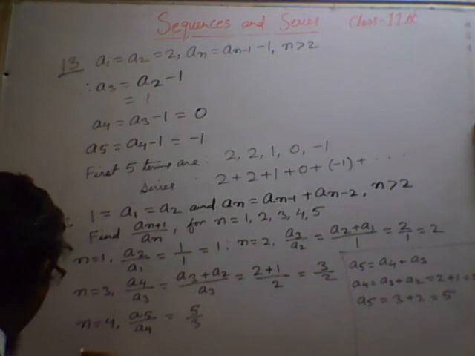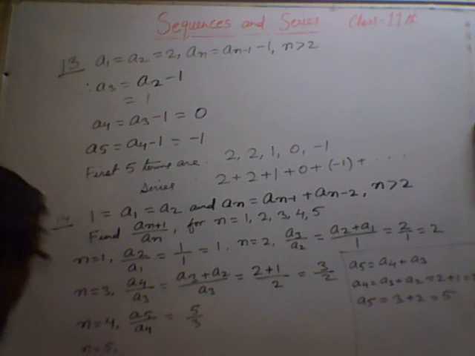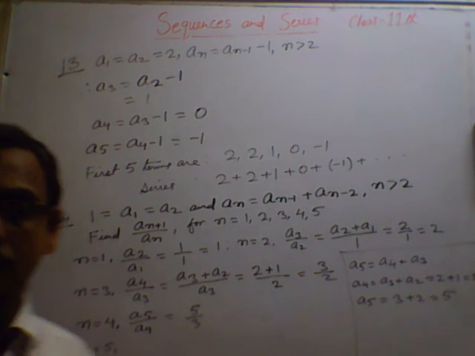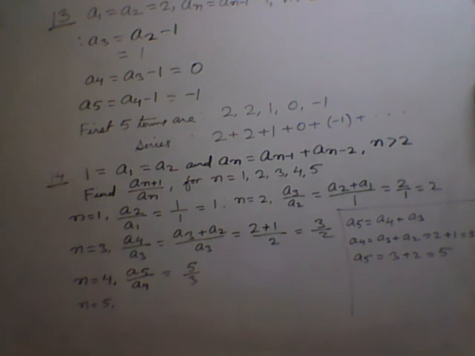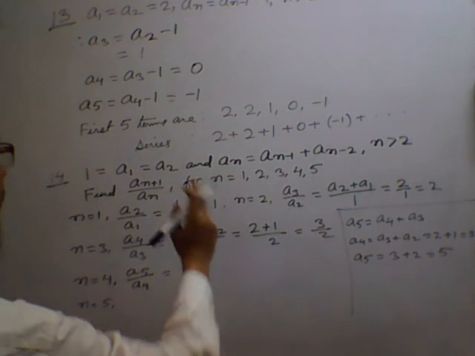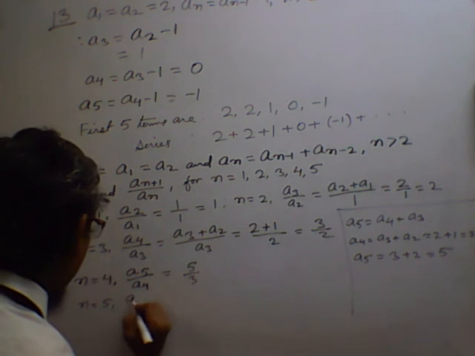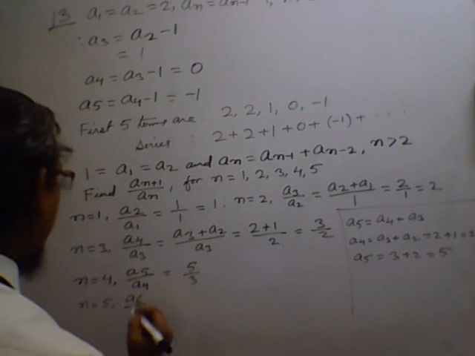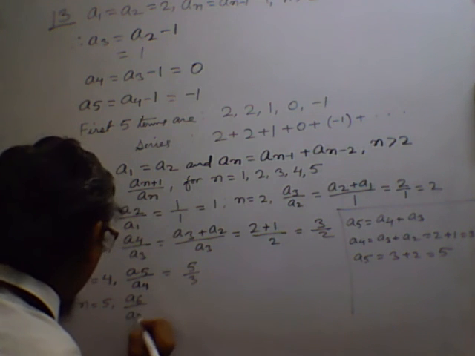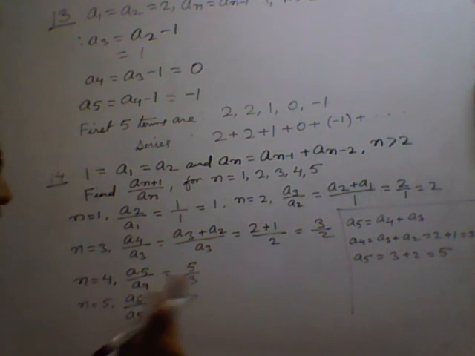When n is equal to 5, then we have A6 divided by A5. We have the value of A5.